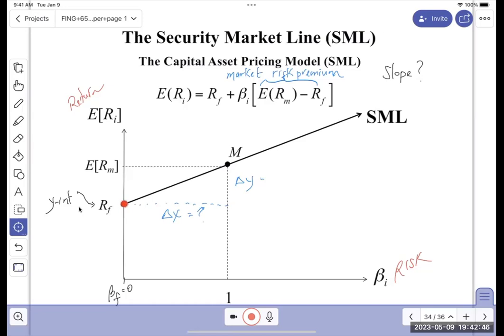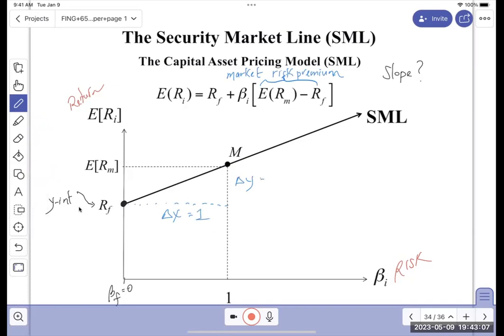Going from this point to here, what is the change in X? Great, 1. Right, the change in X is 1.